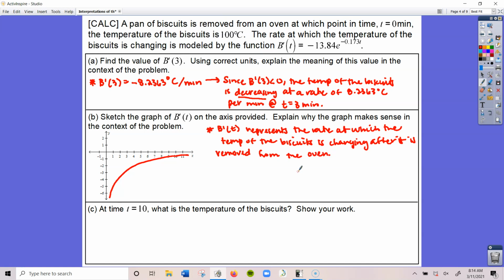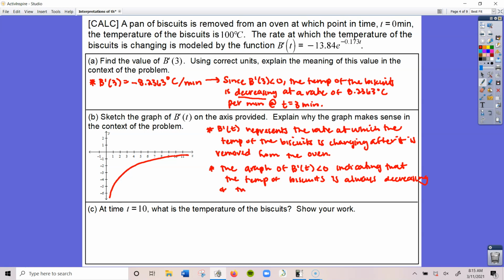Now, it makes sense because I'm going to finish off this explanation and then I'll give you more of a rundown. So the graph of b prime of t is less than 0, indicating that the temperature of the biscuits is always decreasing.